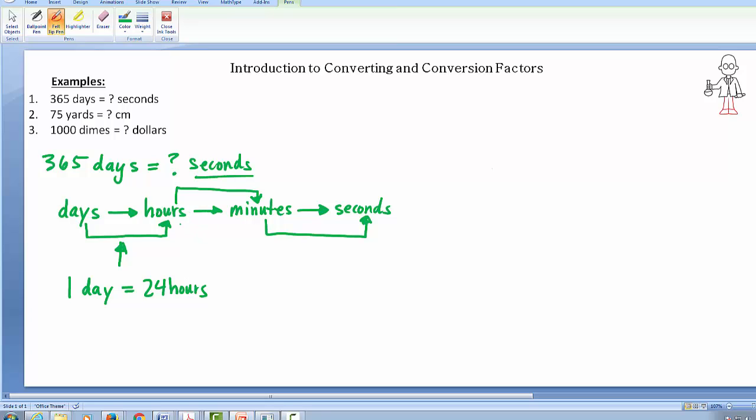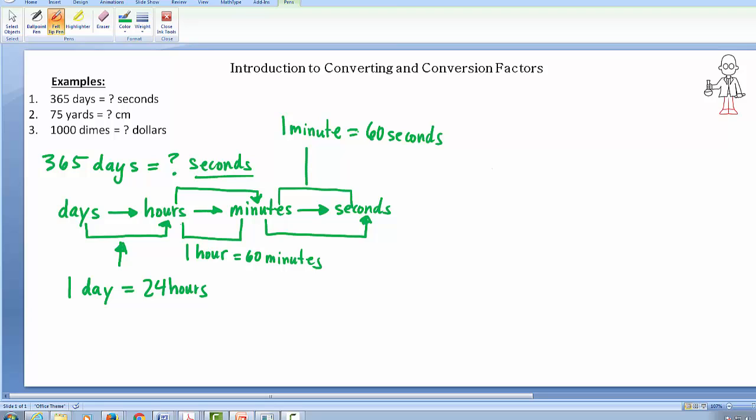The second step, we know that in 1 hour, that's equal to 60 minutes. And in this third step here, we know that in 1 minute is equal to 60 seconds.